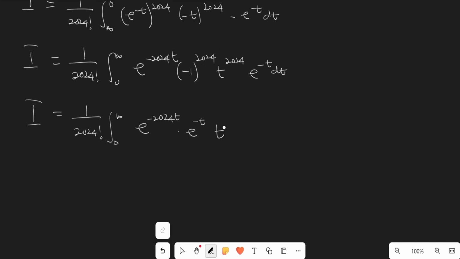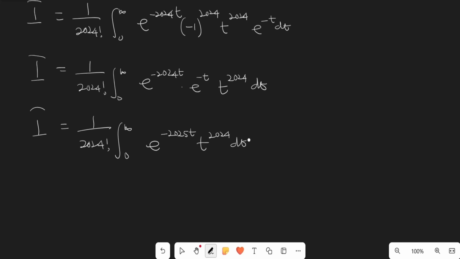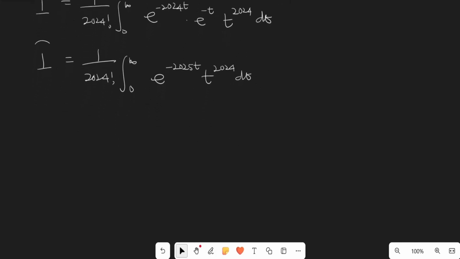So this is just left with t raised to the power 2024 dt. Combining this term will give you e to the power negative 2025t. Integral from 0 to infinity, this is e raised to the power negative 2025t, and then t raised to the power 2024 dt. This is what we have, and you can do another u-substitution here to make things clearer.